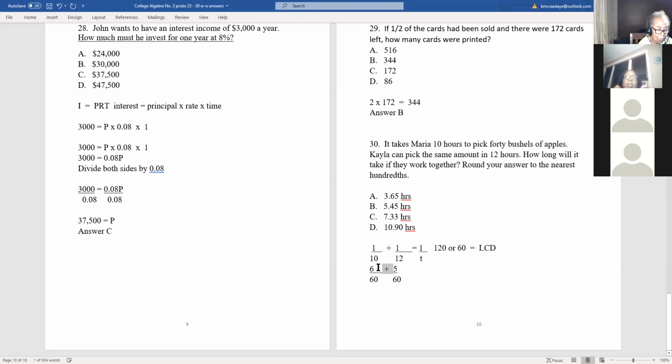Okay, so that's equal to 11 over 60, equal to 1/t. Now I'll put the 1/t here, and then we'll go to the next step.